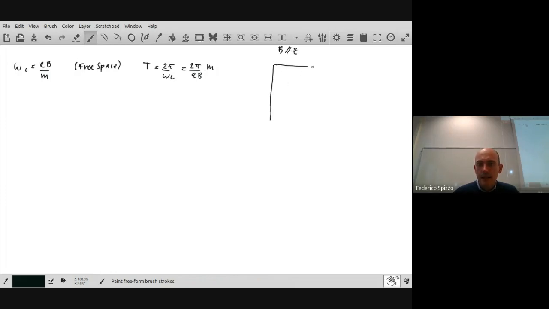This is a plane orthogonal to B. This is just a portion of the intersection between the Fermi surface and this plane. So the starting point, so k0.